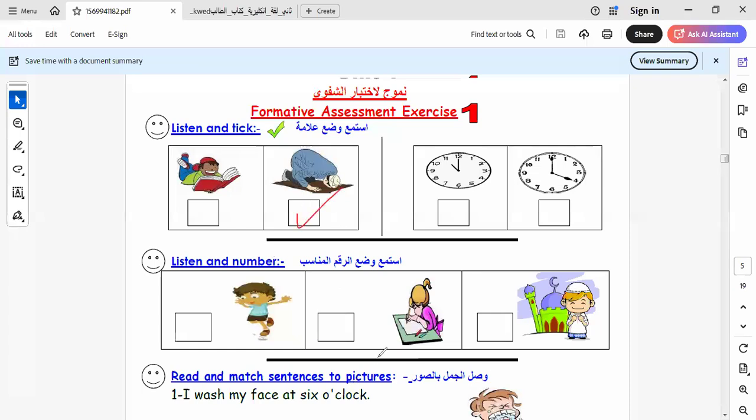So I select this one. For 11 o'clock, it will be this one. Here is this boy. What is this boy doing? He's jumping. So this boy is jumping. Painting. Play. Okay. Let's go to another one.